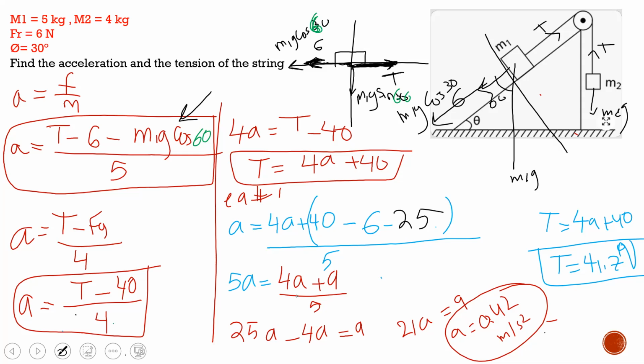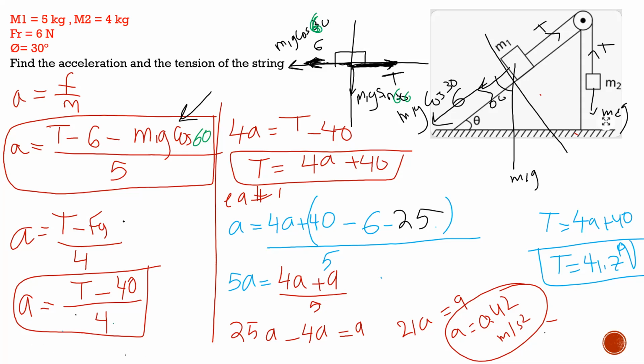Do you have any question? Teacher, I should always align the tension on the x-axis so that I neglect all vertical forces, right? Yes. Teacher, in the equation A equals T minus 40 over 4, where did you bring the 40 from? Yes, Habiba.